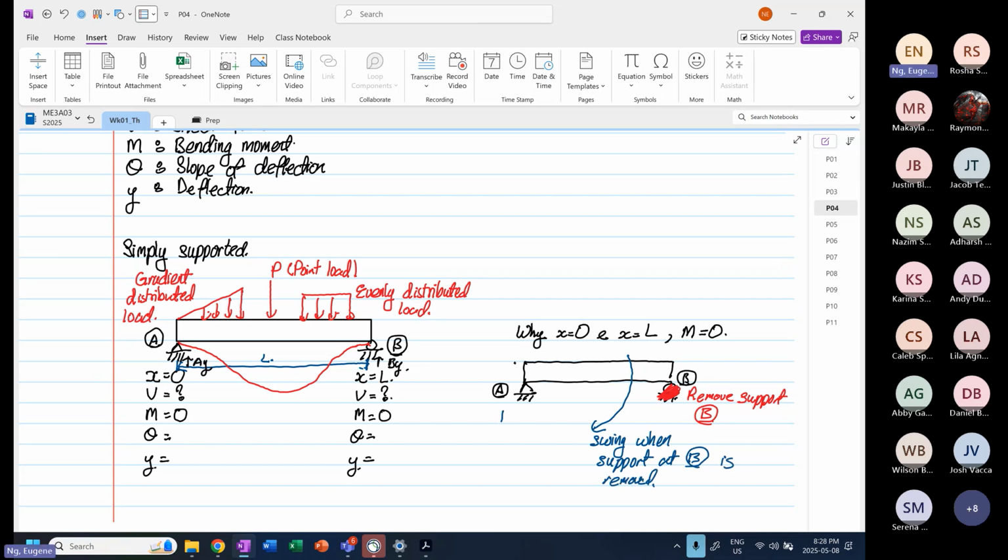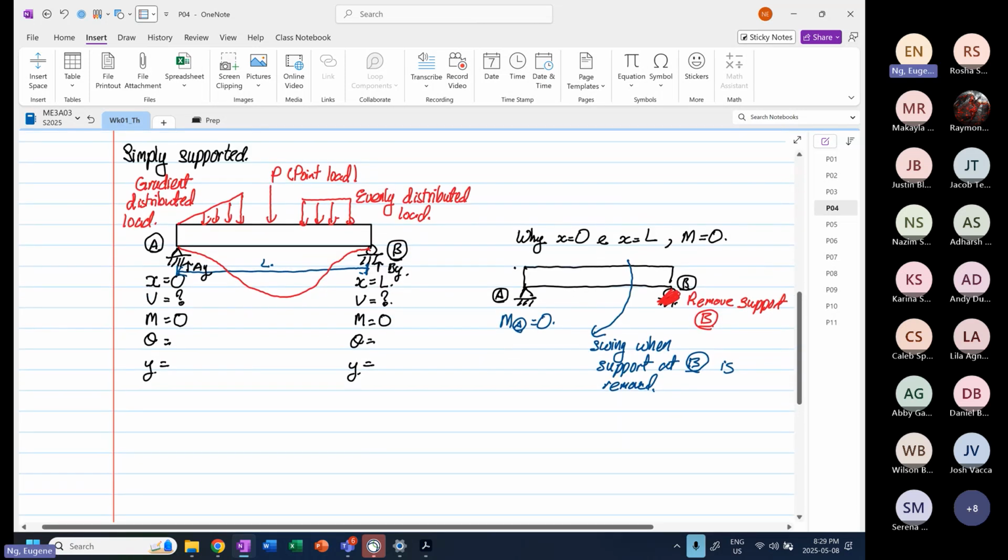So when that's the case, the moment at point A is equal to 0. Likewise, if we have support at B and remove the support at A, the structure will rotate. That is why the moment at B is also equal to 0.